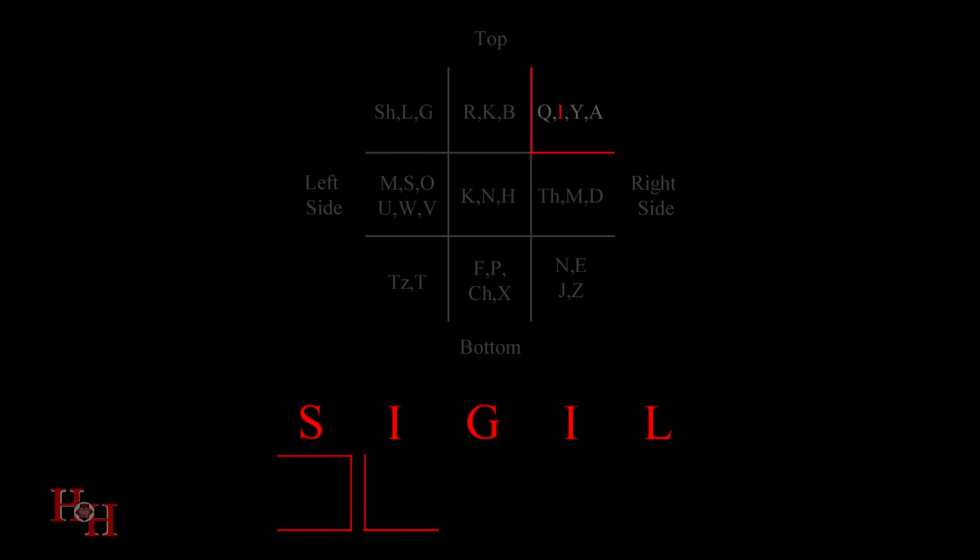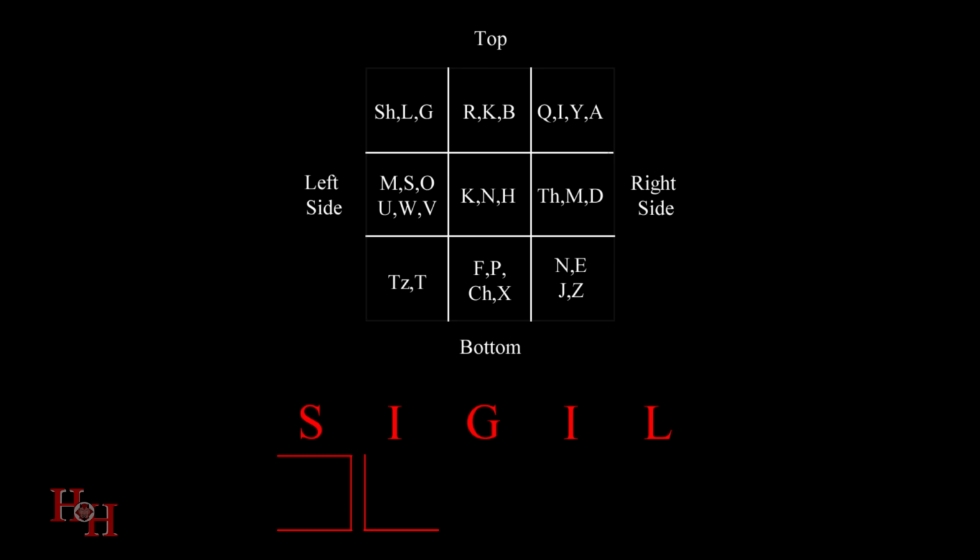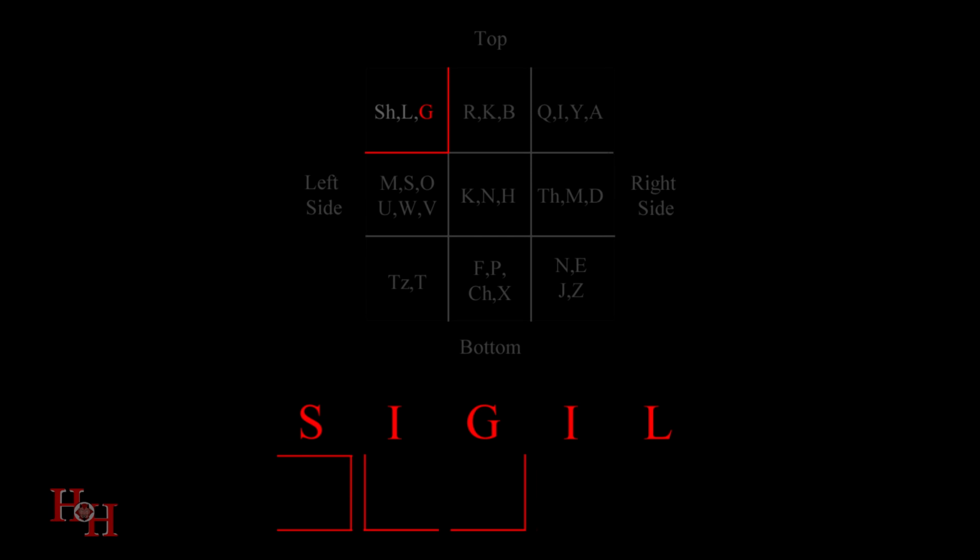So that is 1 shape that is going to represent S. Next, we're going to go to I. So I is in the upper right-hand side, and it creates a sort of an L shape. So that is going to represent the letter I. The next character that we need to get a shape for is G. So G is in the upper left-hand side and creates a reverse L. So that is our 3rd shape.